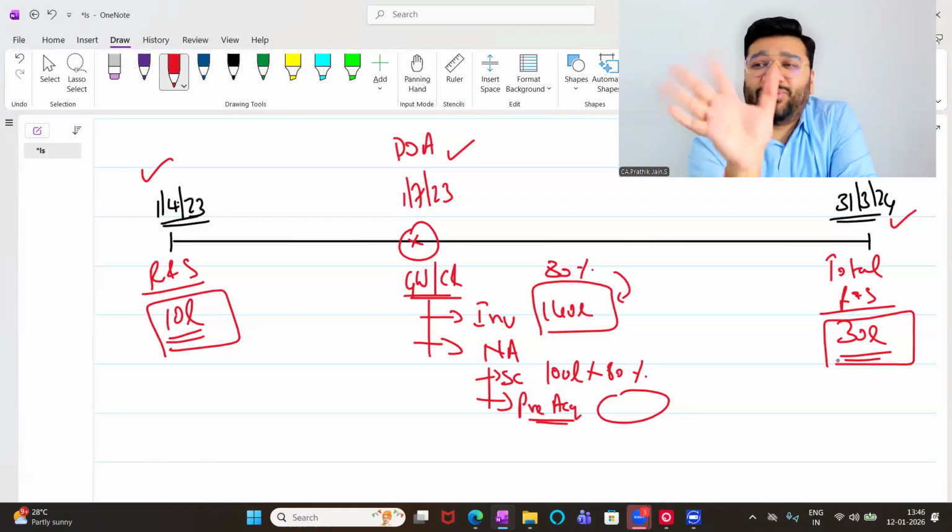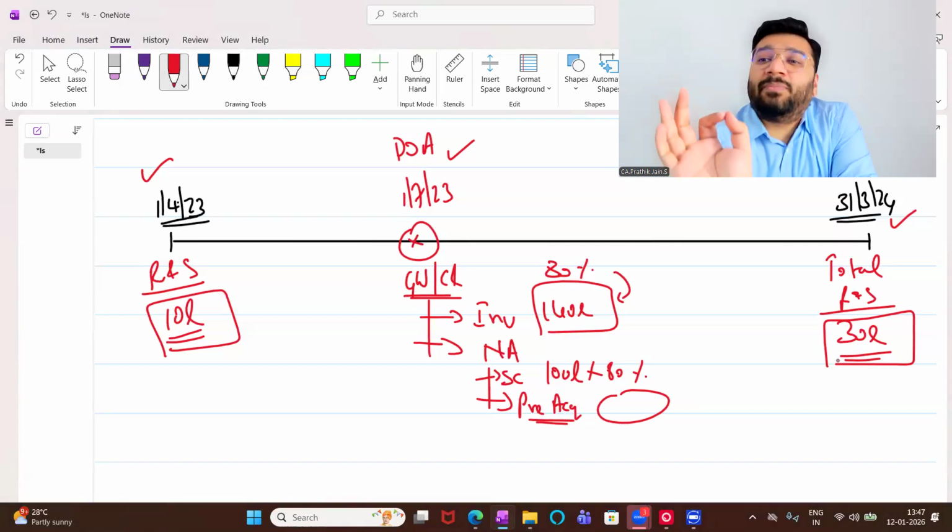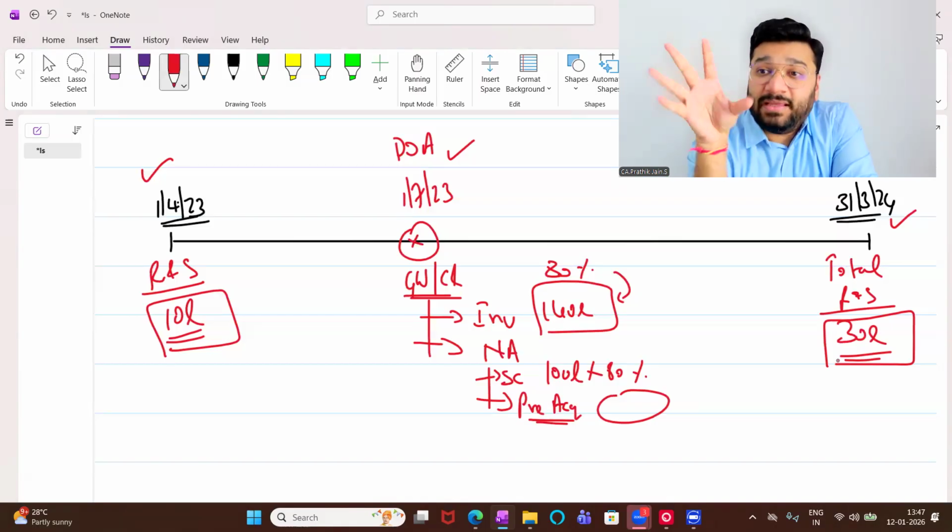I'm just asking what is pre and post. I'm asking total pre-acquisition profit, total post-acquisition profit. Normally, in AOP, what is my total pre-profit, total post-profit? Final pre and post-profit, which I have to bifurcate in the percentage.